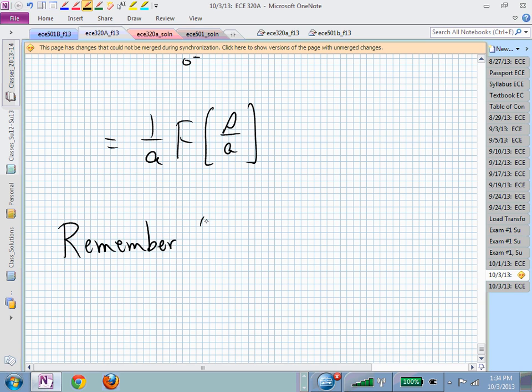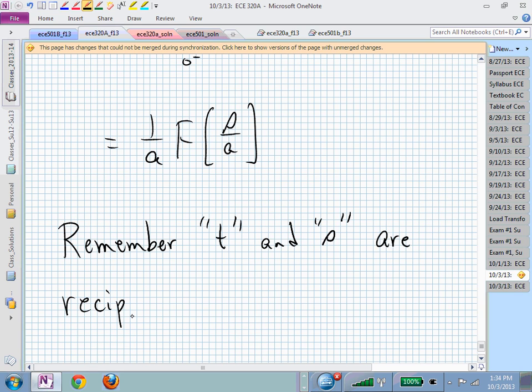And one way to sort of keep track of this, t and s, you have this e to the minus st. Well, you want that exponent to be dimensionless. T we know has units of time. So the product of st, if it's dimensionless, s is what? It's 1 over time, isn't it? So it's a frequency.